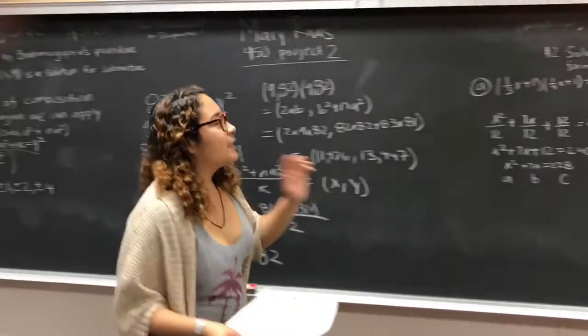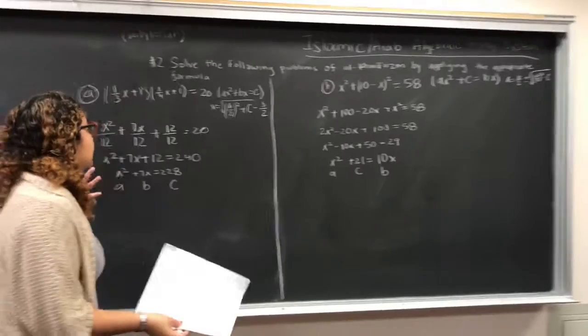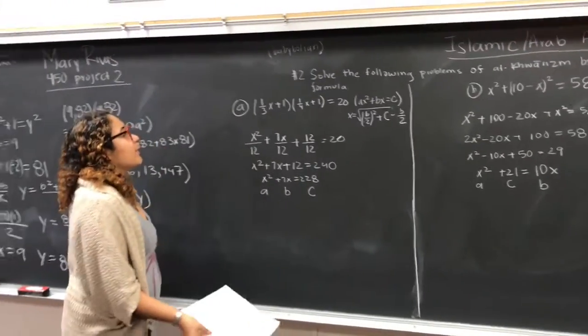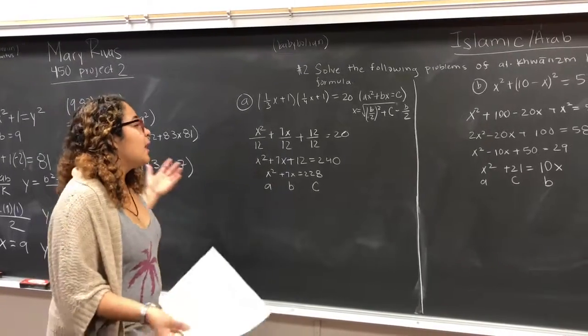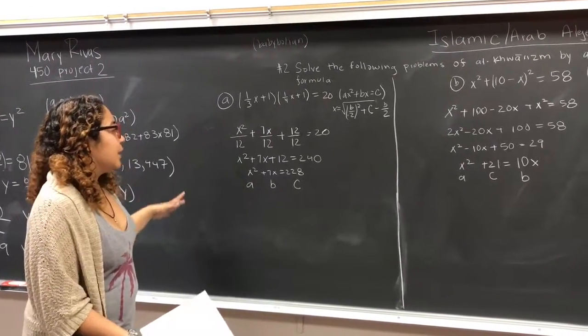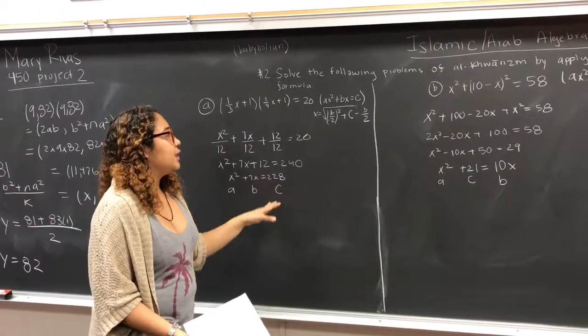And now we're going to move on to the Islamic algebraic math system, and it's also similar to the Indian algebraic math system, because they're also using quadratic equations, but they play around with these equations.